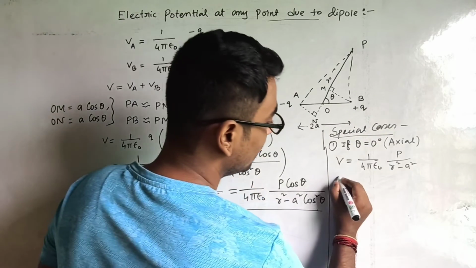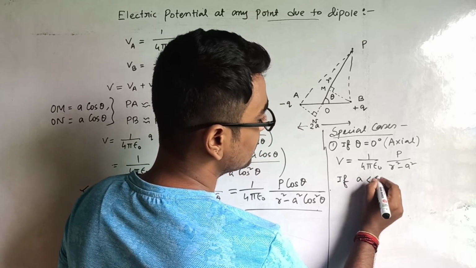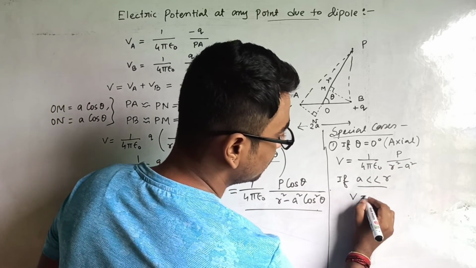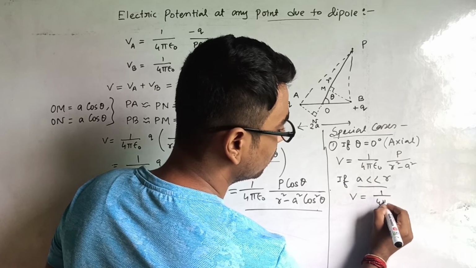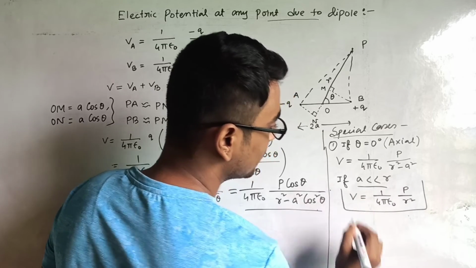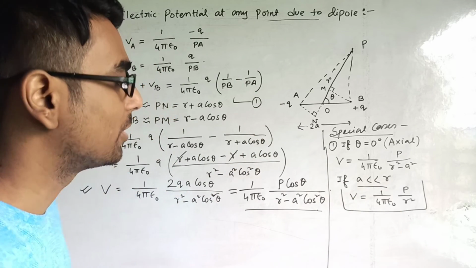And further, if we take a very much less than R, then we can directly neglect a, and V comes out as 1 by 4 pi epsilon naught p by R square. This is the expression if we assume such a condition.